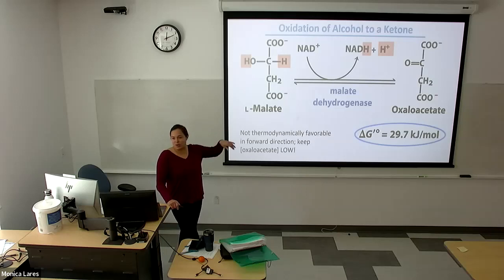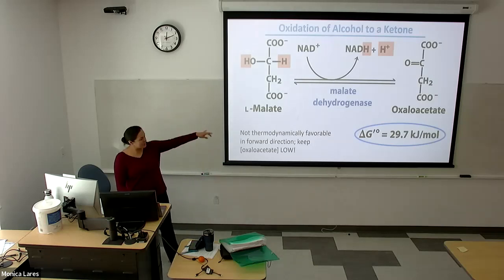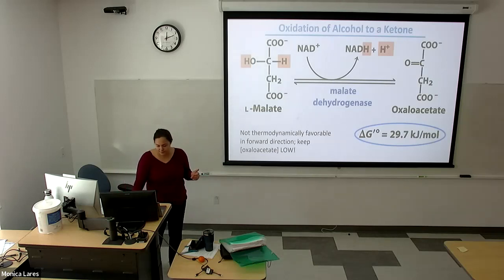And that goes back to week 1, when we were talking about delta Gs and Qs and natural log of Q, and remember all those calculations we were doing at the beginning of the semester. So that's why it becomes relevant, because if we keep the concentration of oxaloacetate low, we can drive this reaction forward.